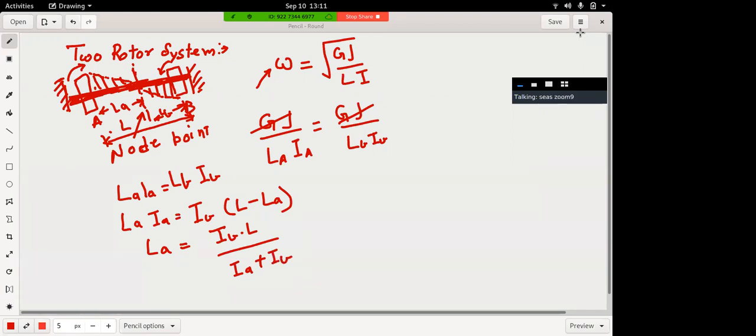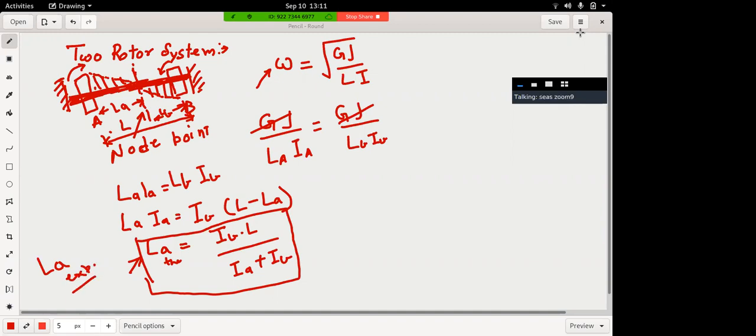And this distance LA will give you the distance of the node point theoretically from one end. When you do the experiment, you can also see there is some point on the shaft where almost there is no vibration. And this distance can be verified with the experimental value. So this is the theoretical value, and this also must be equal to the experimental value. So this is one verification you will do on this setup.